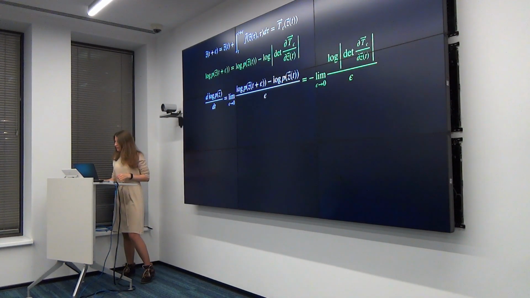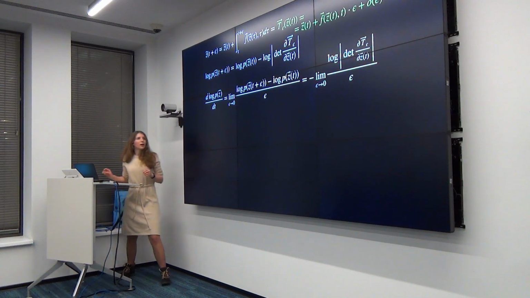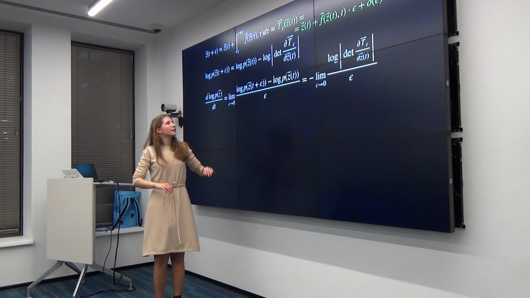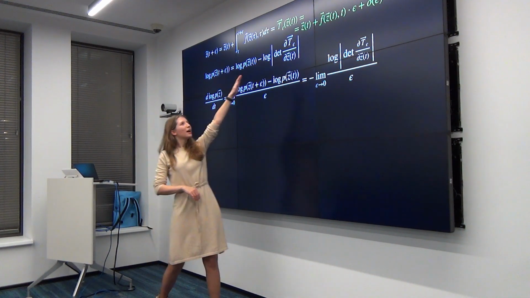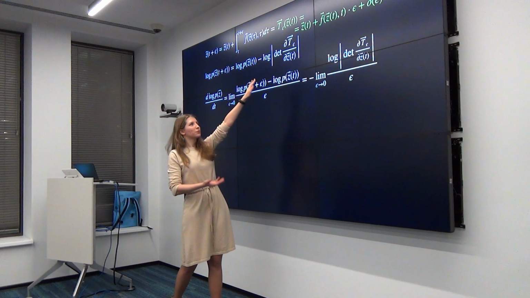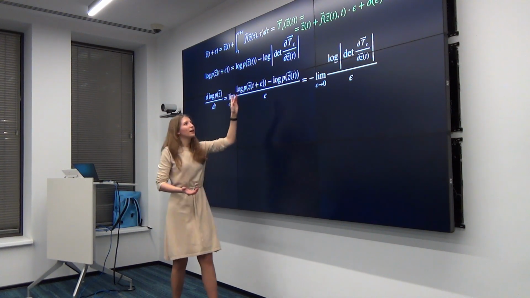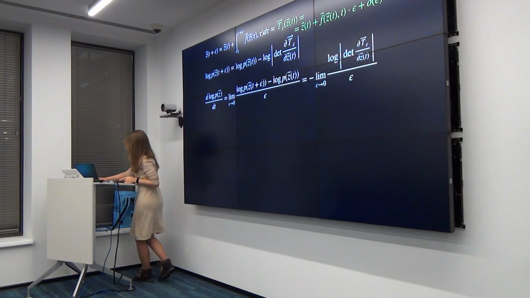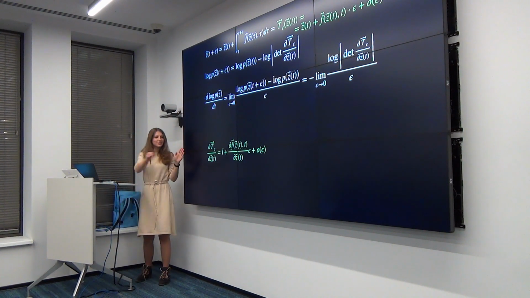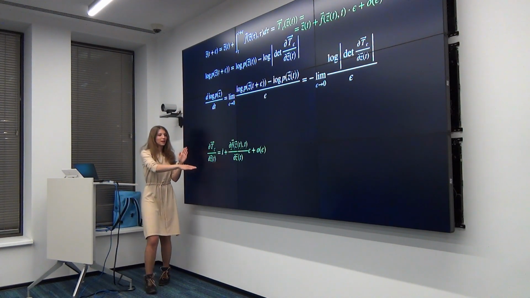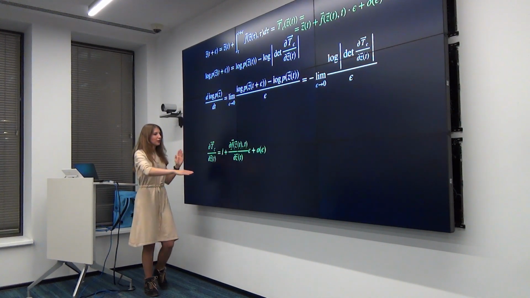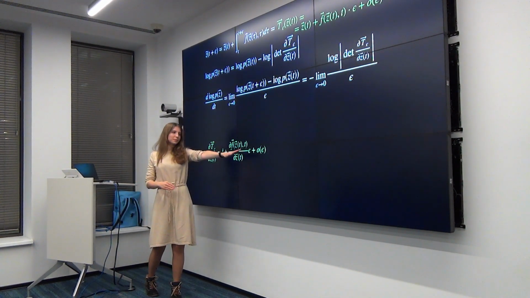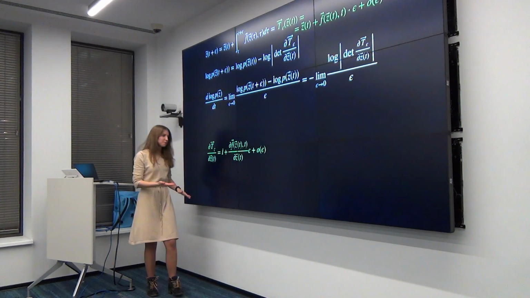And now let's write our function capital T epsilon using the Taylor formula. And after that, let's differentiate it. We get the identity matrix and the Jacobian of f multiplied by epsilon plus the usual O of epsilon.